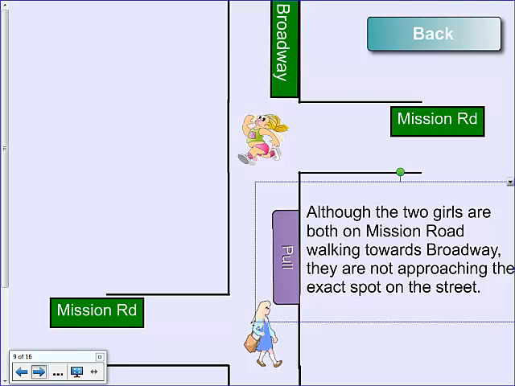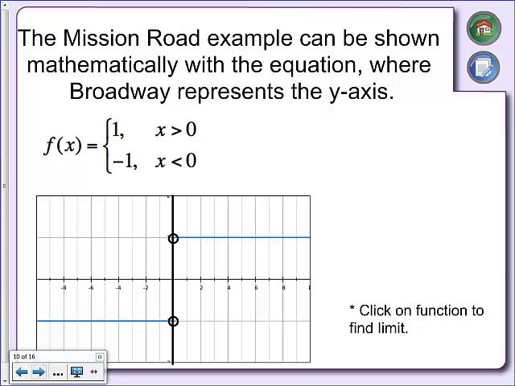Okay? So here, if I ask for the limit of this particular f of x as x approaches 0, I have that graph, right? So coming from the left and coming from the right, at 0, when x is 0, do they match up?